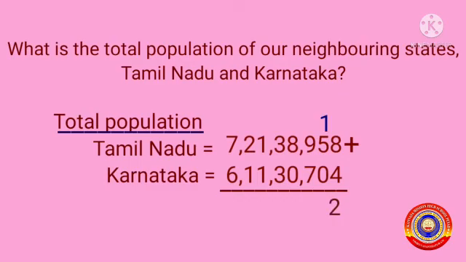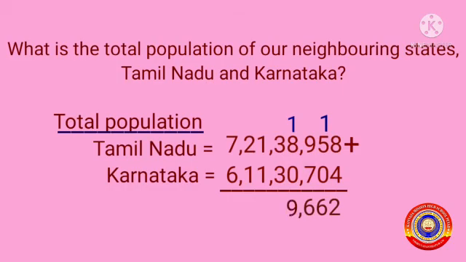Then 1 plus 5 equals 6. 6 plus 0 equals 6. Write 6 here. The next number, 9 plus 7. 9 plus 7 is equal to 16. Write 6 here and carry over 1. Then 1 plus 8 is equal to 9.